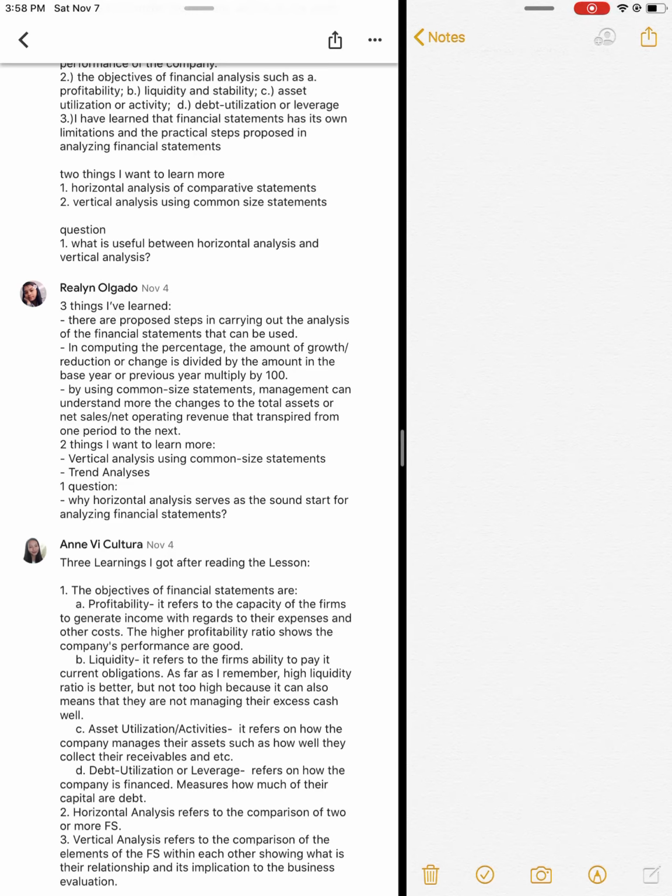I guess nothing in the module says that horizontal analysis is the sound start for analyzing financial statements. What the module states is that yung sound start na tinutukoy, if you will read again the module, yung sound start na tinutukoy dito ay yung comparative FS.